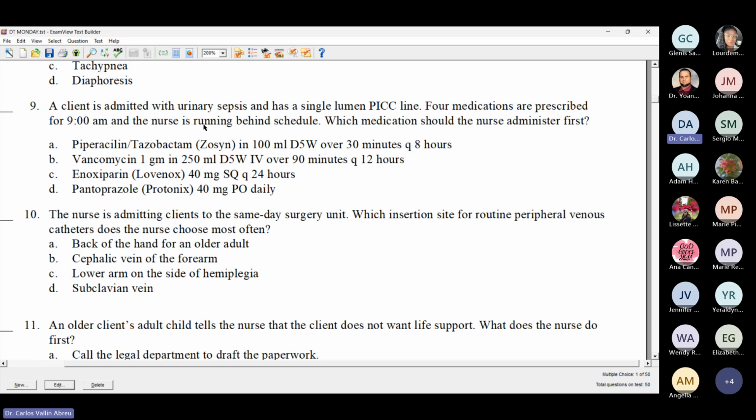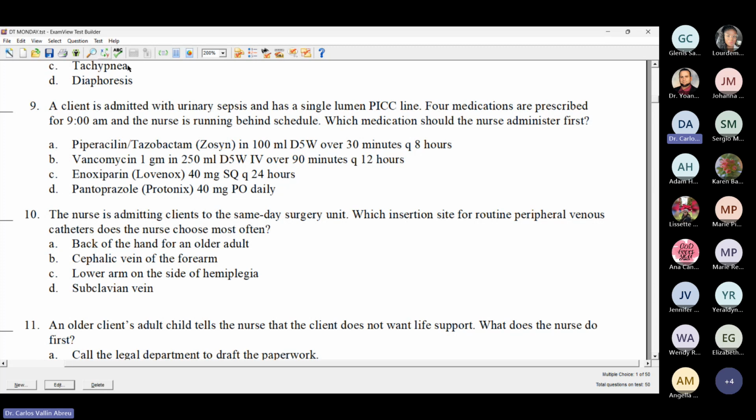Both medications are due at 9. Enoxaparin, 40 milligrams subcutaneous every 24 hours, and pantoprazole, 40 milligrams PO daily.